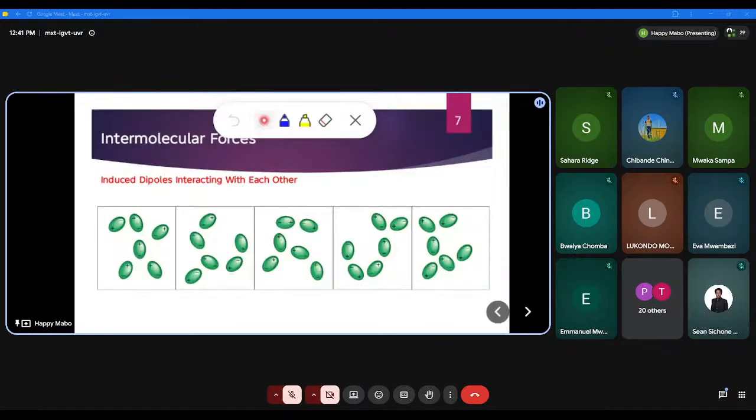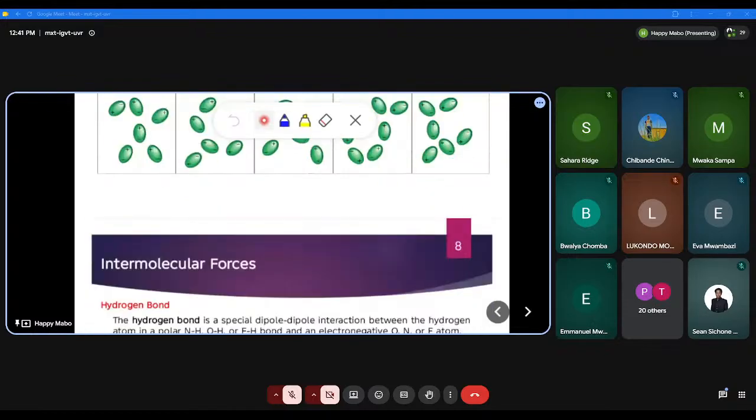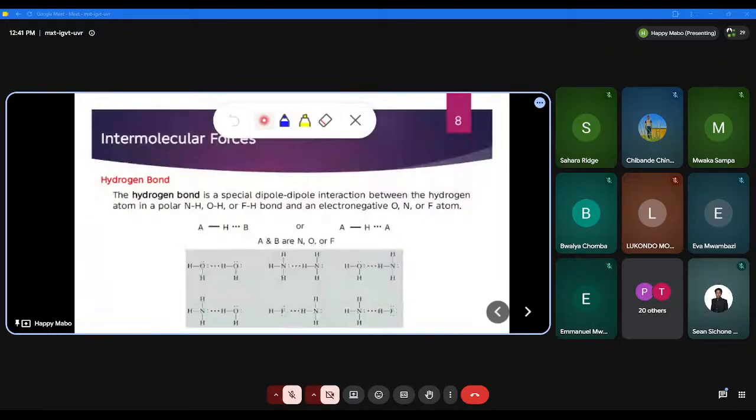So with that in mind, we try and look at another type of force, which is a special type of dipole interaction called hydrogen bonding. So what is this force of attraction? This particular force of attraction is the special dipole interaction, and it takes place when you have a hydrogen atom in a polar bond.